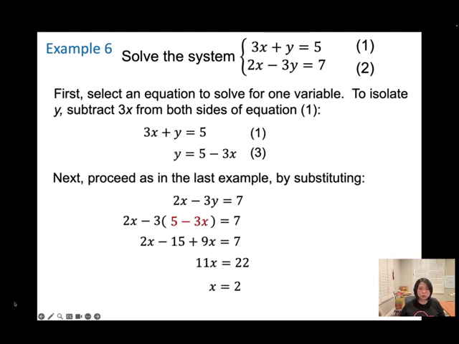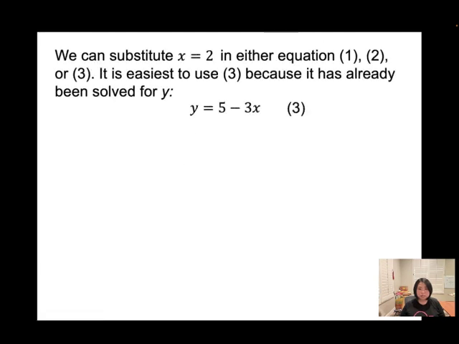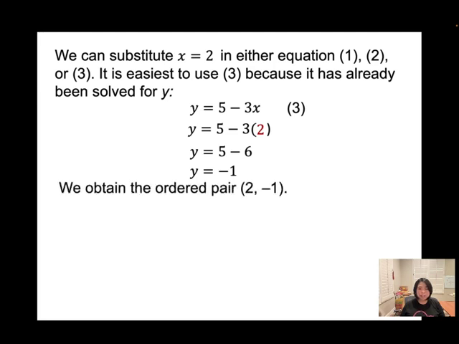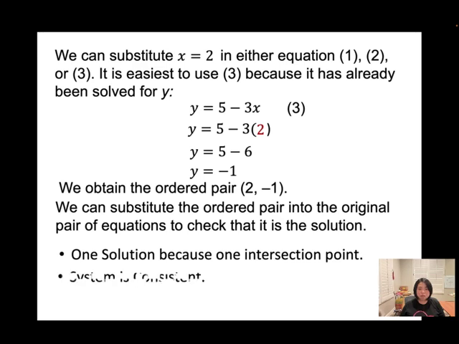Now we're going to plug back into this equation to find out what your y is. You should get y equal to negative 1. So the ordered pair 2 and negative 1 will be the solution for the system. And again, we do have one solution, the system is consistent, and equations are independent.